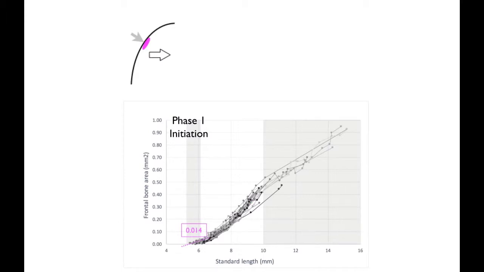Then in Fiji, we've measured the area of those frontal bones as a function of the standard length of the fish. So you can see in this first initiation phase, when the cells are first appearing, the area of the bone does not really increase much as a function of standard length.